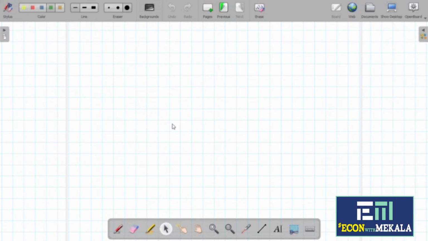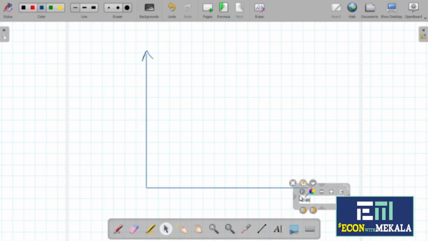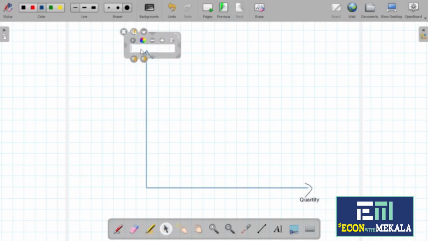In this graph, I'm going to show you how to explain a change in demand using a demand curve. Let's start work by constructing a new demand curve. Quantity is for the x-axis, price is for the y-axis. This is my quantity axis, and this is my price axis.